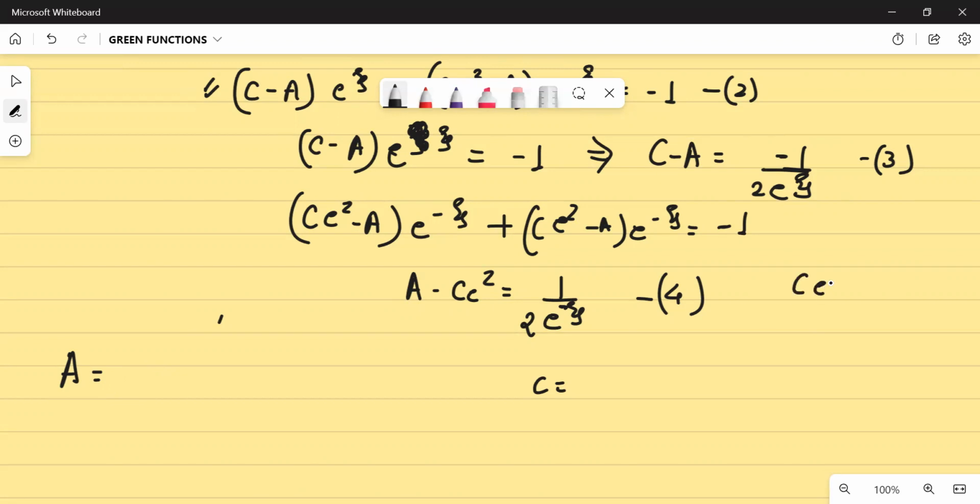C e square minus a e square is equal to minus e square upon 2 e to the power zeta. And you just add these two up, so you get 1 minus e square is equal to 1 upon 2 e to the power zeta.